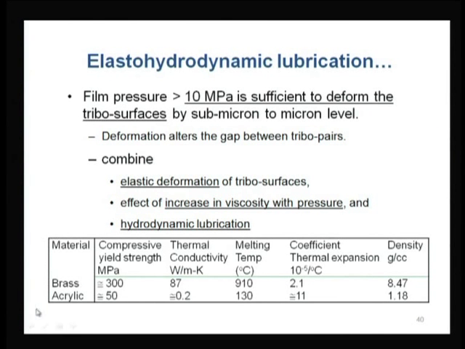Right. Now, we did some case study in our lab. We picked two bearings. One is made of brass material, the other is made of acrylic. Acrylic is a softer surface, which can also be figured out from this. The compressive strength of acrylic is roughly 50 megapascal, but brass is 300 megapascal, and acrylic has a very low density.